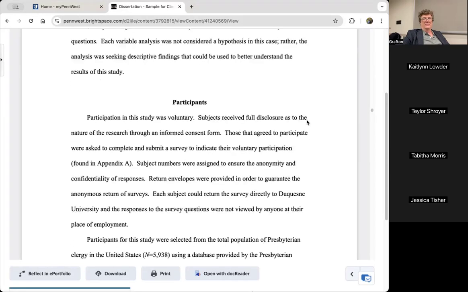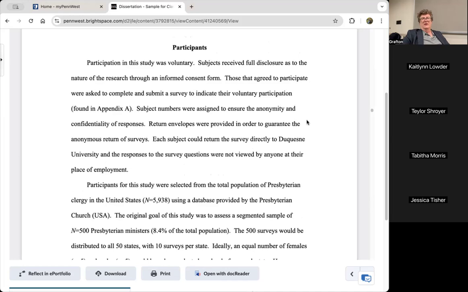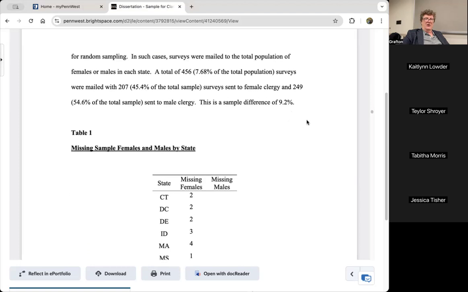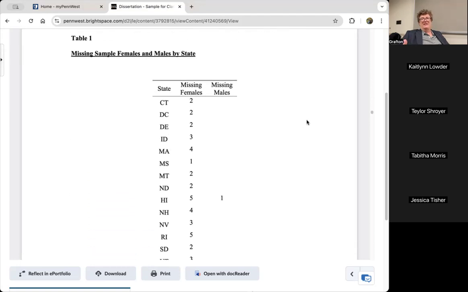So, a table is good for things like representing how your sample is distributed. How did you choose your sample? And then maybe presenting what type of individuals, like were they male, female, whatever you chose as variables, and how many responded?